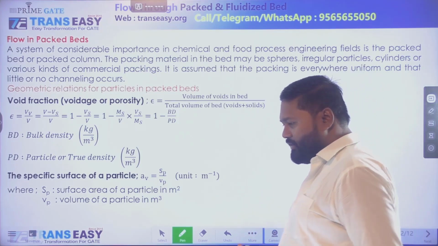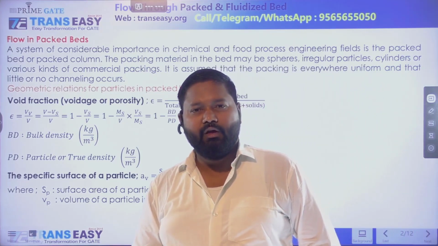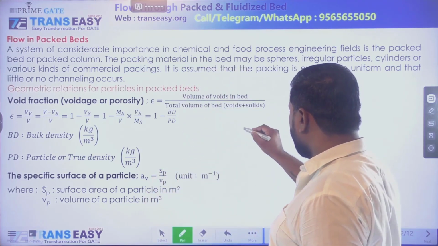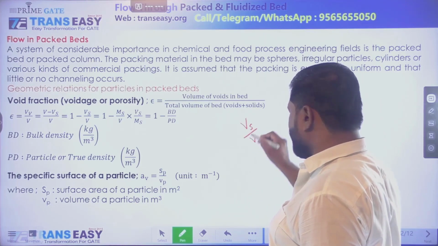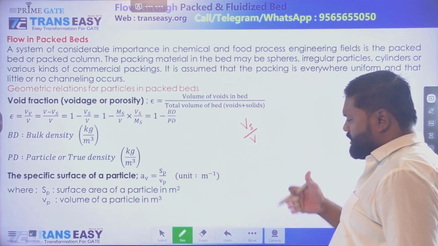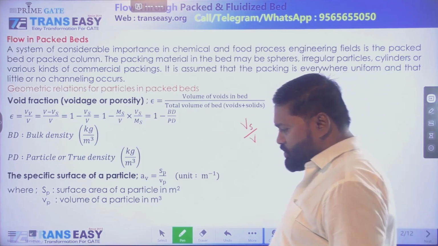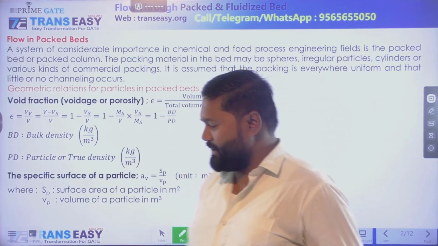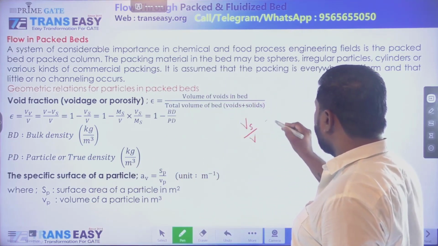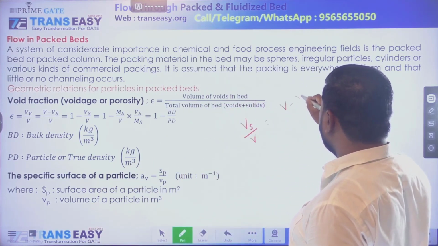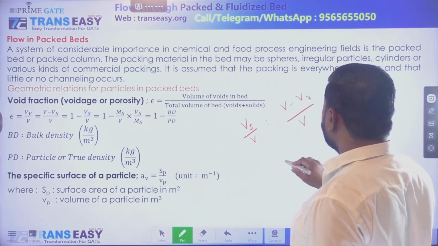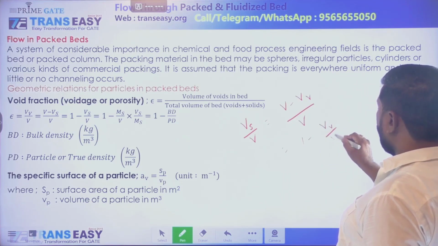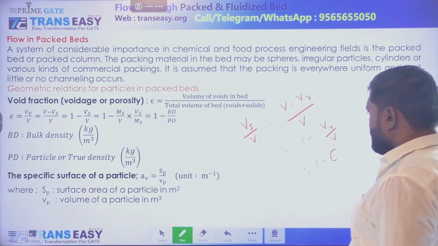Similarly, we are going to calculate the volume fraction of solid particles. Vs upon V is the volume fraction of solid particles, the volume of solid particles upon volume of the bed. It is V minus Vv, upon V, that is 1 minus Vv upon V, which is 1 minus epsilon.